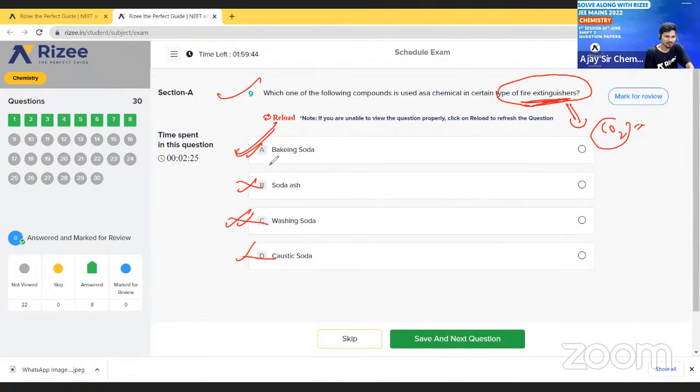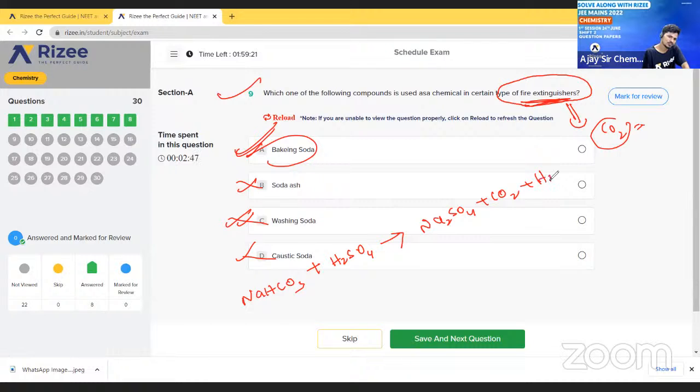So how? See here, do you know the formula of baking soda? NaHCO3, sodium hydrogen carbonate. It is the formula of baking soda. When it reacts with H2SO4 it produces Na2SO4 plus CO2 plus H2O, and this CO2 acts as a fire extinguisher.